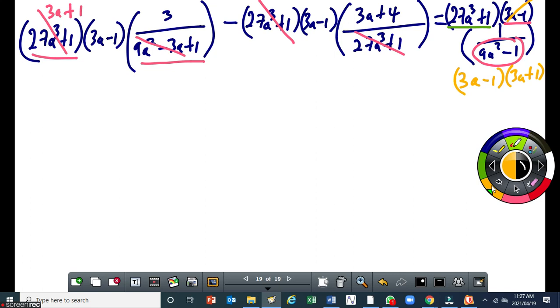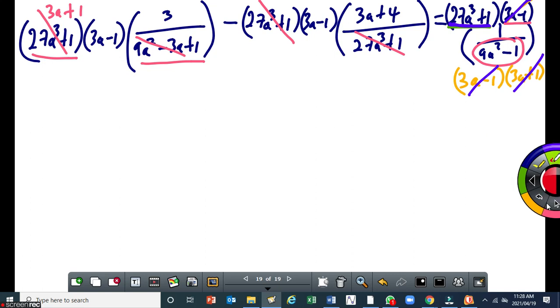Let me use blue: this 3a minus 1 cancels with that. Then this 3a plus 1 is a factor of the sum of two cubes, so if I factorize this sum of two cubes, it will cancel out with the binomial factor. So on the right hand side I'll end up having 9a squared minus 3a plus 1.